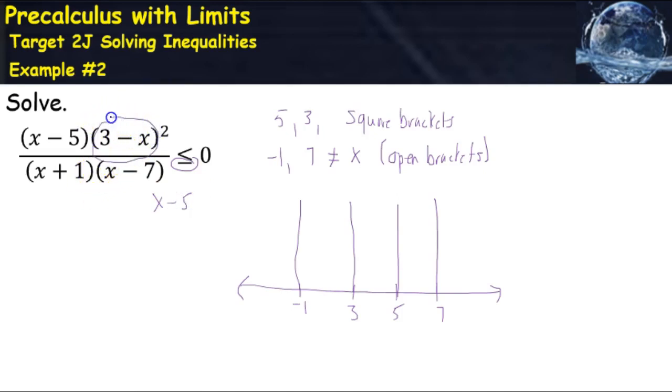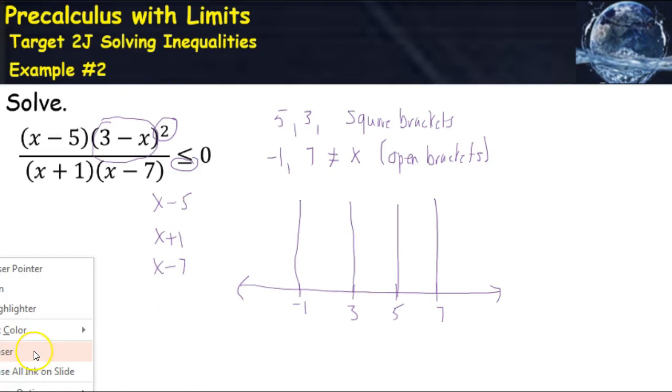Now remember, the whole point of this is to find out where it's negative. Since this is to the second power, this is never negative. If I plug in a 5, I get 3 minus 5, which is a -2, but once I square it, I get a +4. So I don't need to put this in my list over off to the side. So I'm going to put x minus 5, x plus 1, and x minus 7.